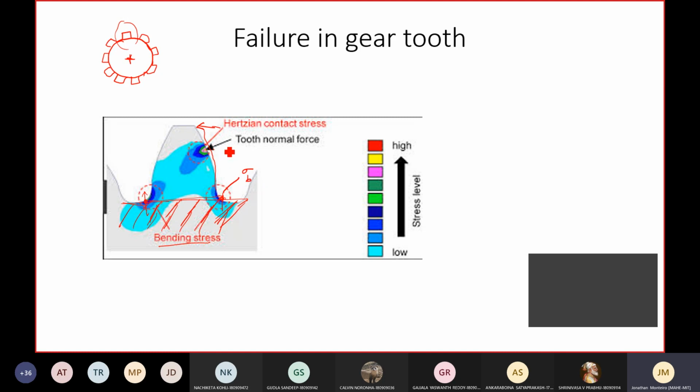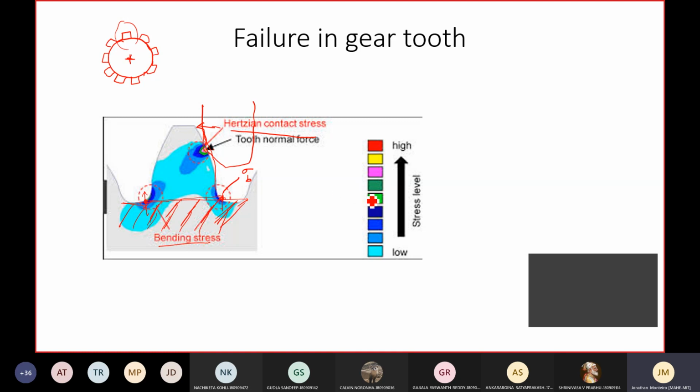Now, what about the other forces? We have the tooth normal force, also called Hertzian contact stress. These are applied when the adjacent tooth makes contact over here, and locally there is a variation of stress. This one is taken from an FEM solution, I should say.